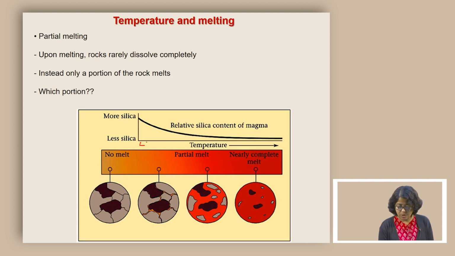So, this is the low temperature part and this is the high temperature part, and what we find is that if something has high silica, it actually melts at lower temperature, and if we go towards higher temperature, it can even melt silica which is low. So, the silica part of it will start to melt first, increasingly going for minerals which crystallize at higher temperature.